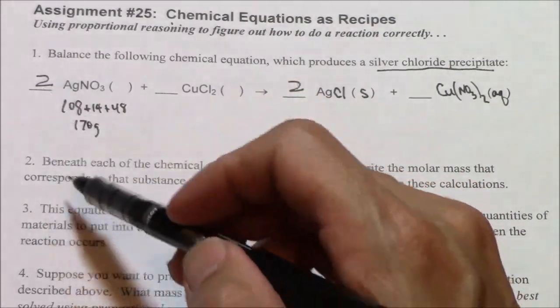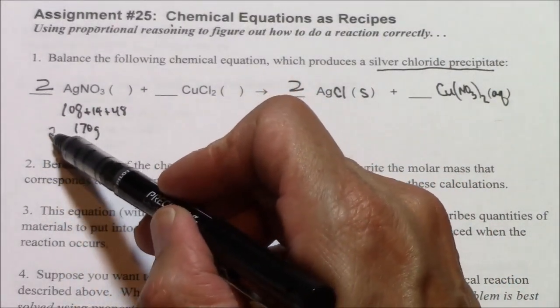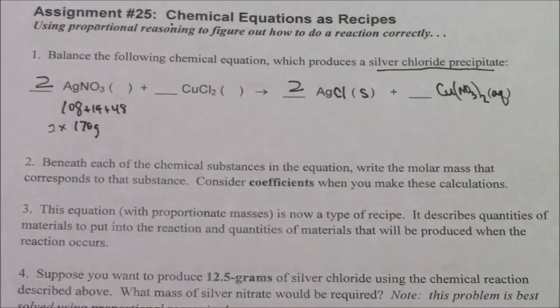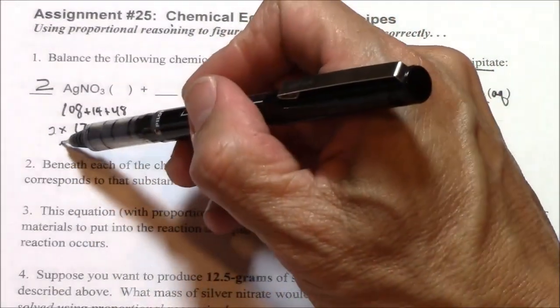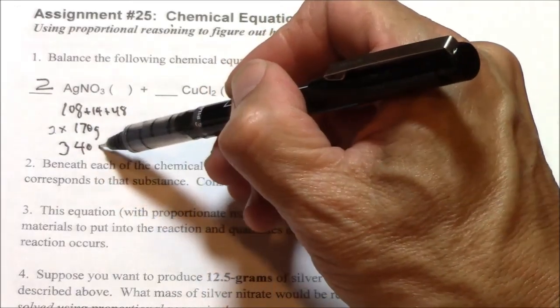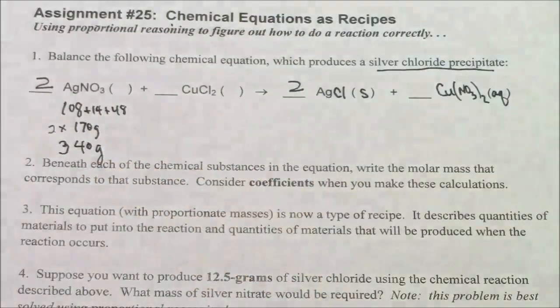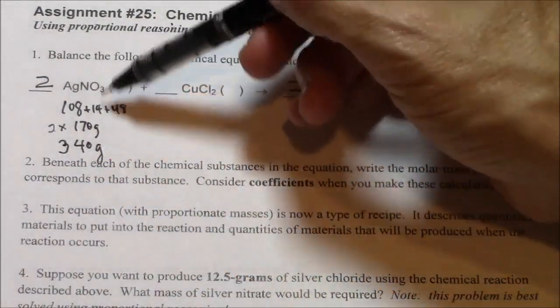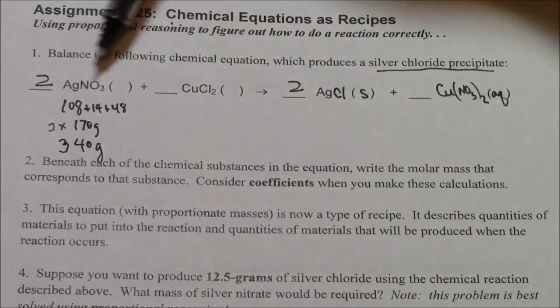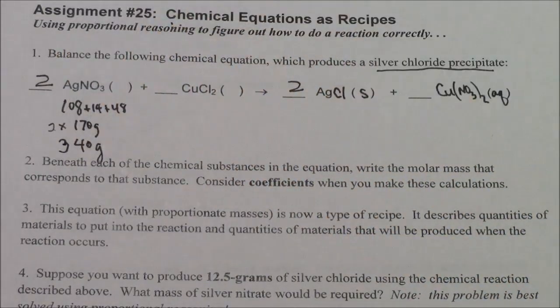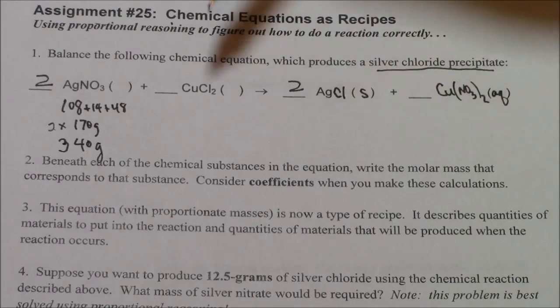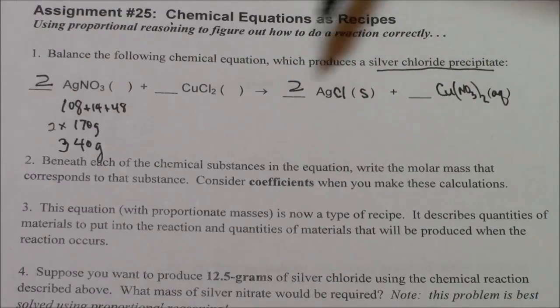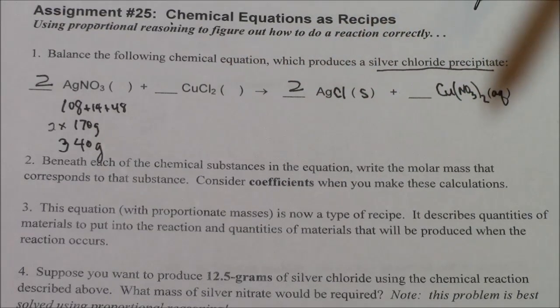But this 2 is a multiplier, so you'll want to take 2 times 170, which is 340 grams. So this is the number that corresponds to 2 molar masses of silver nitrate, 340 grams. Pause the tape and try to do the rest of these on your own, then check with me after you've got answers.